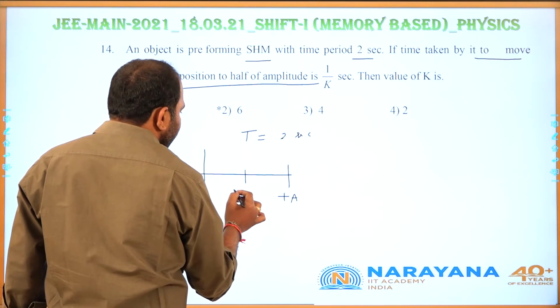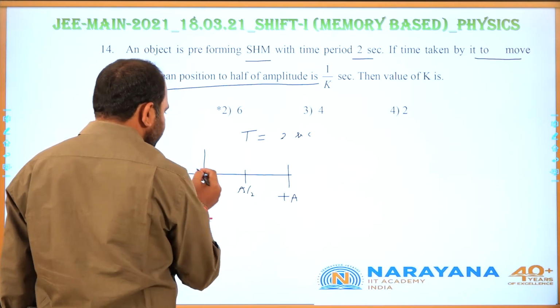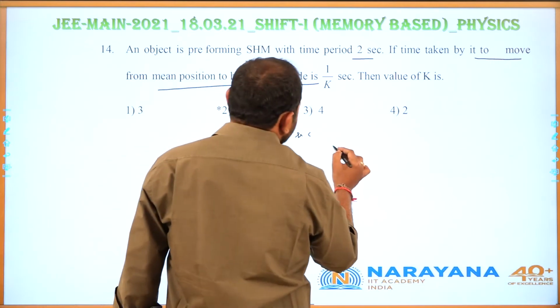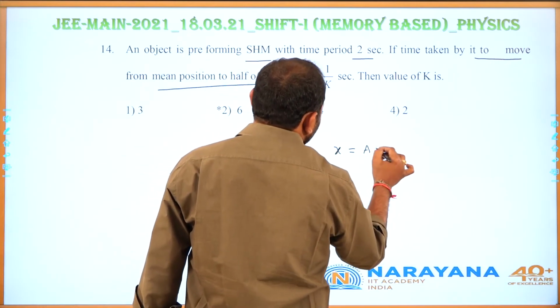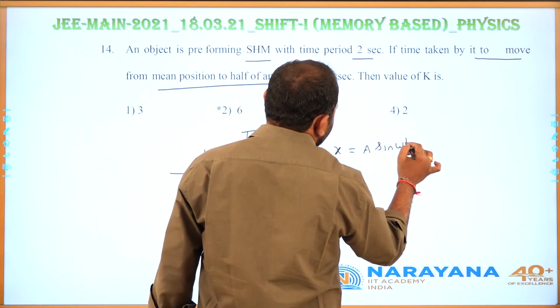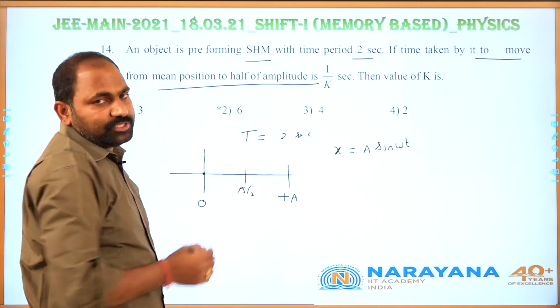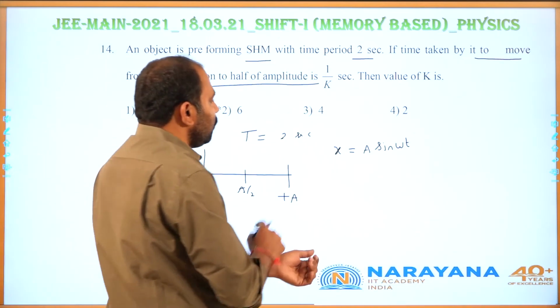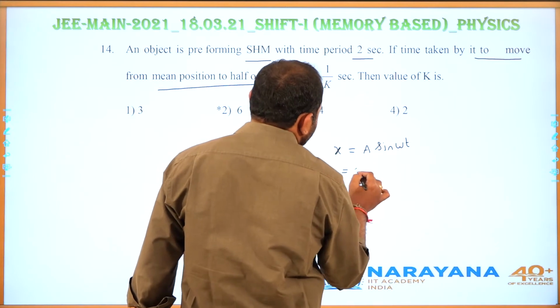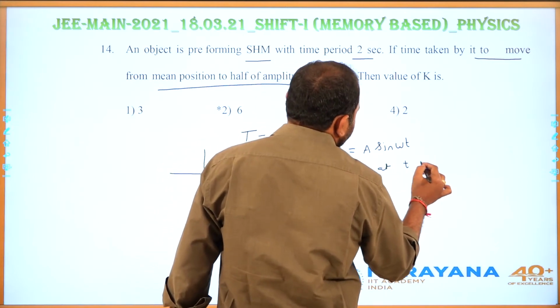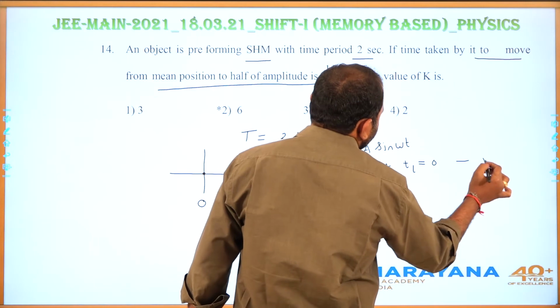So when a particle starts moving from mean position, the equation of motion of the particle can be written as x equals a sine omega t. When it is at mean position, we can assume t1 to be 0. So x equals 0 at t1 equals 0.